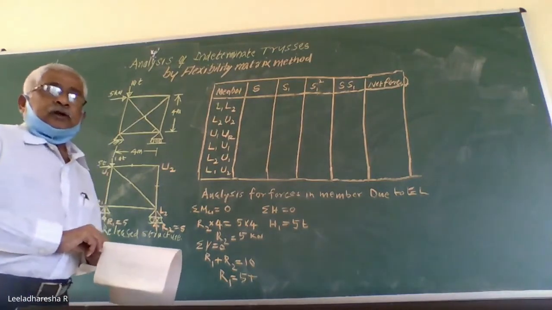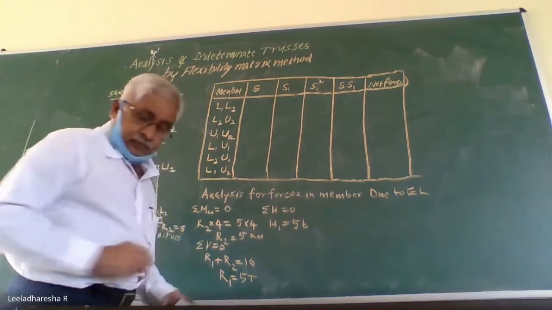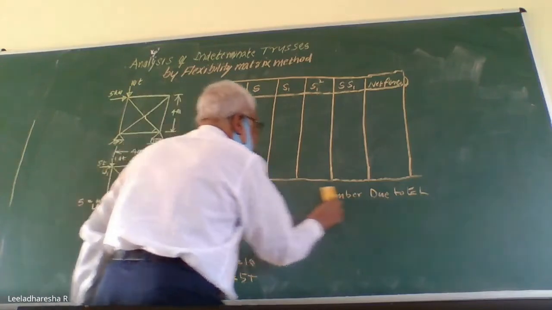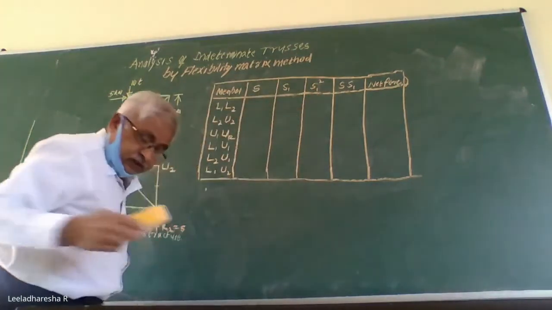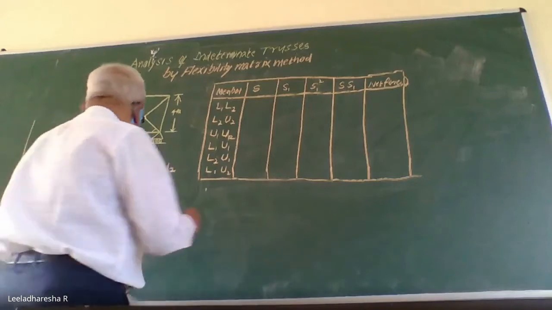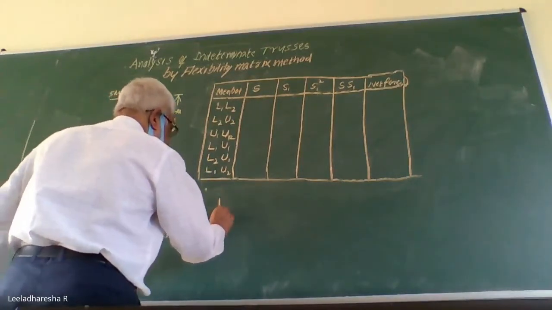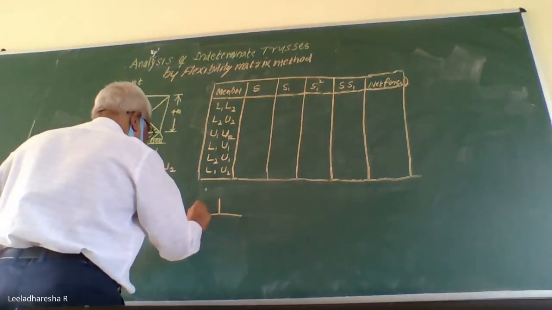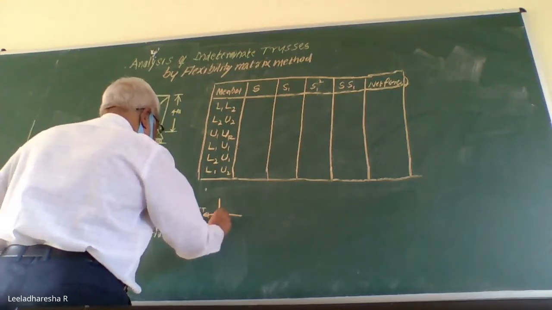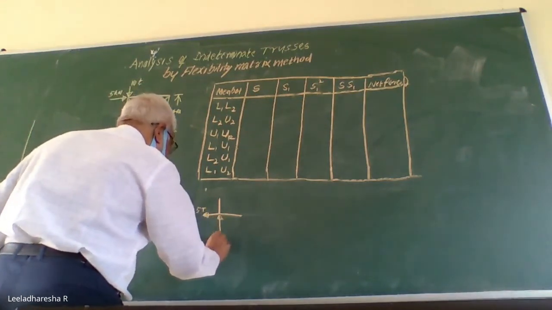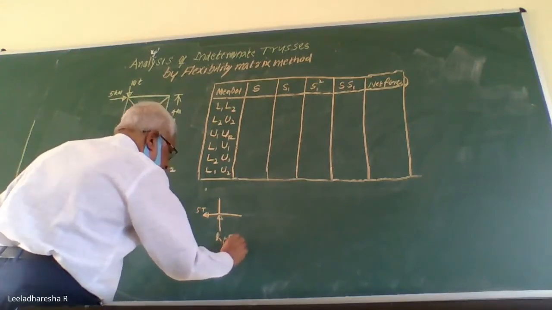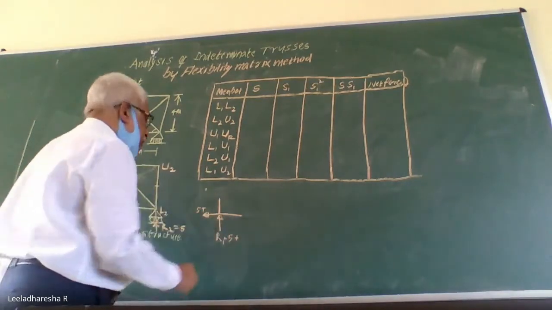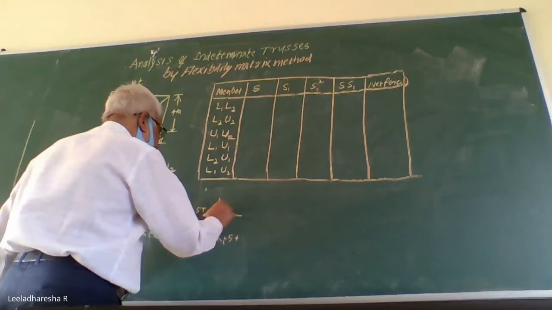So, coming to the equilibrium of joint L1, indicate all the forces: one horizontal reaction H1, this is 5 tons, and a vertical reaction R1 is there, this is also 5 tons. Now, assume the forces in the other 2 members. This member I assume compression.